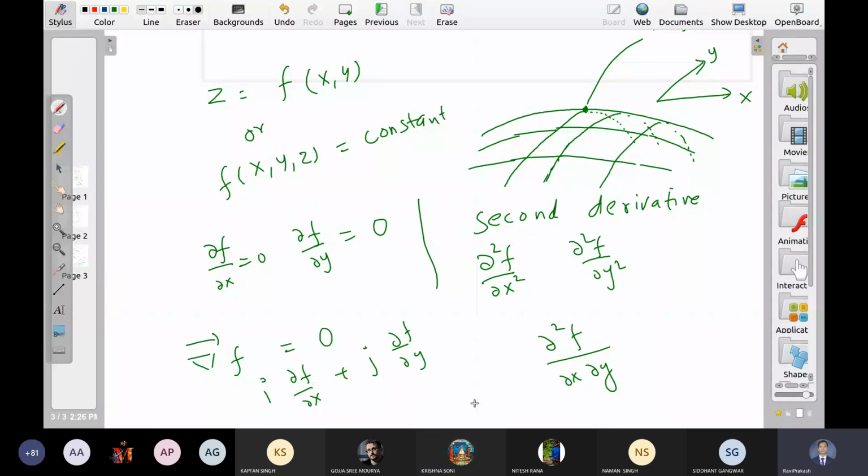First one. Let us ignore this one, that's quite complicated. Let us say this is positive and this is negative. Then what is your judgment?